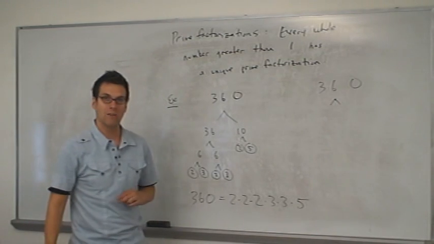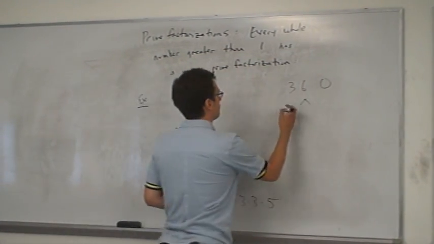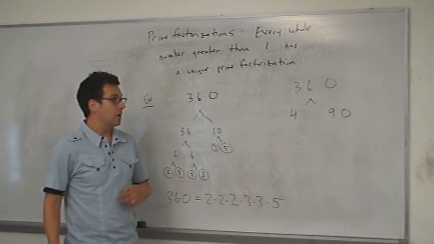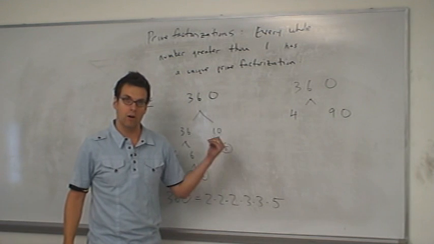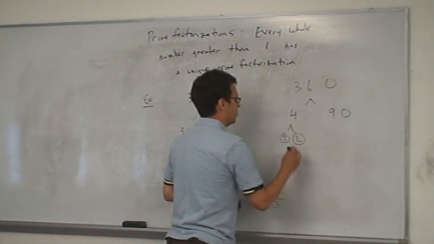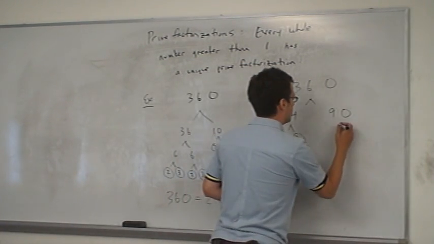Another way to break down 360 as a product of two numbers might be 4 times 90. 4 times 90 again is certainly 360. And then we can proceed as we did in our last example. 4 is not prime, but it is 2 times 2, and 2 is prime. 90 is not prime, but we can write that as 9 times 10.